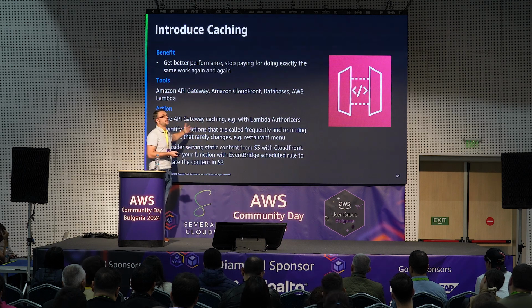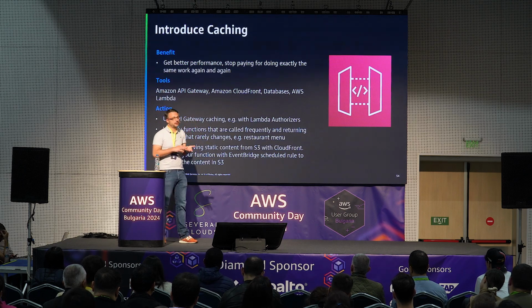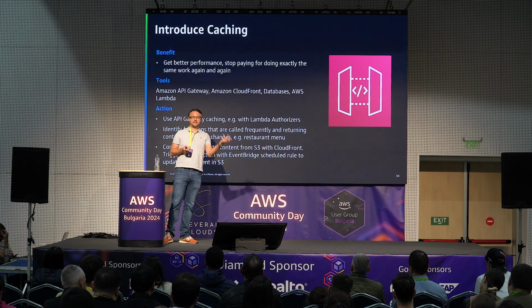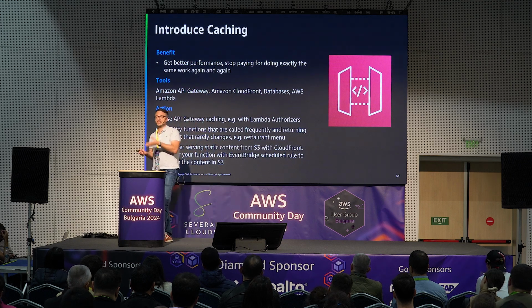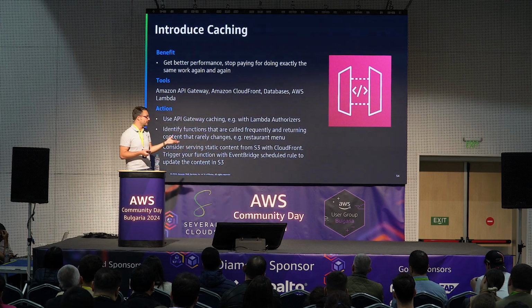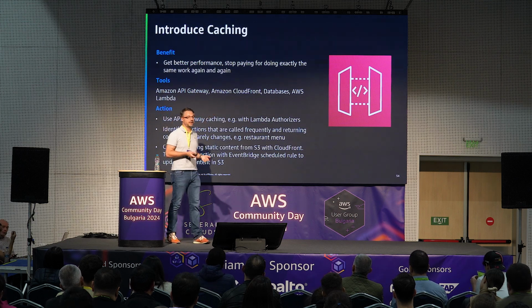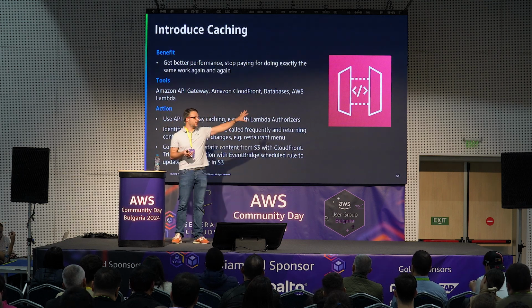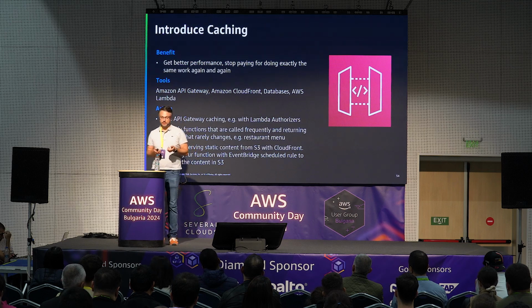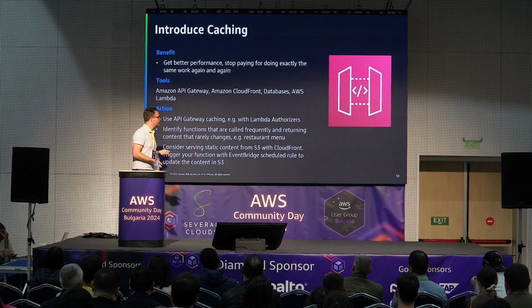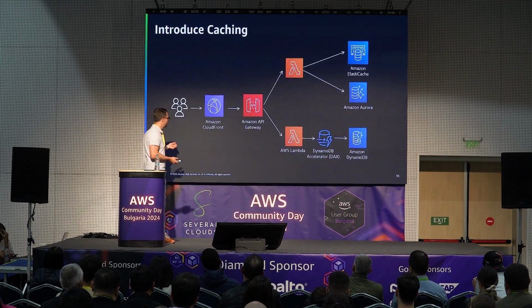Of course, there might be additional functions which return the same result, maybe some kind of idempotent functions, so that again you can use the API Gateway built-in cache just to cache those responses, so that you don't invoke the Lambda function each time.